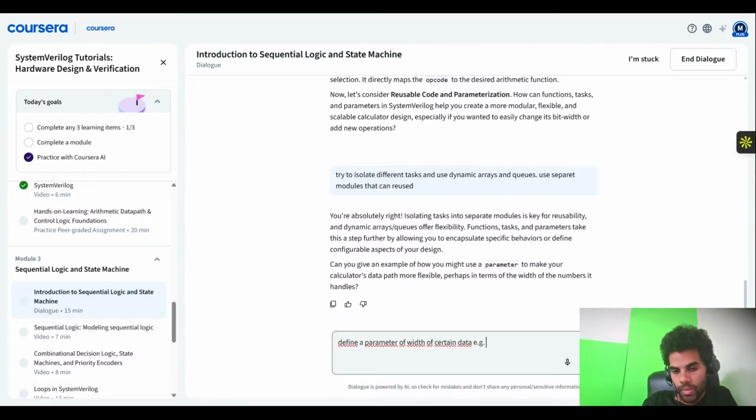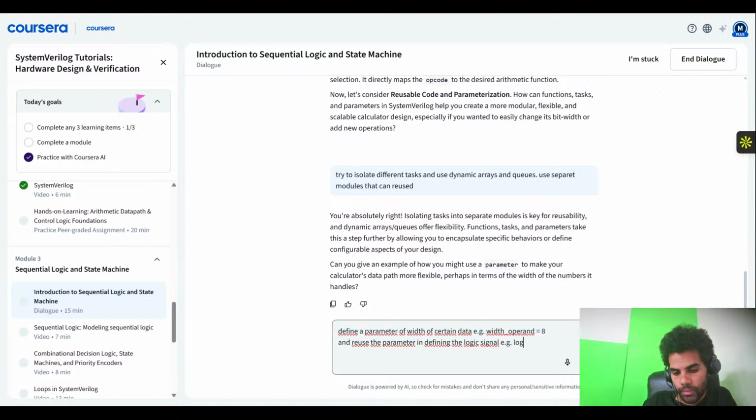Example, WIDTH_OPERAND equals, for example, 8 bits, and reuse the parameter in defining the logic signals.